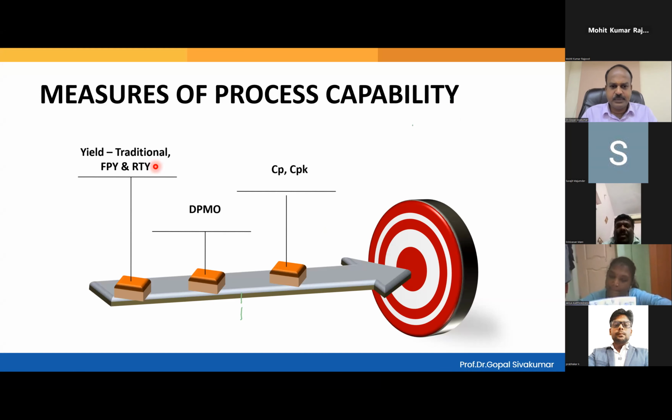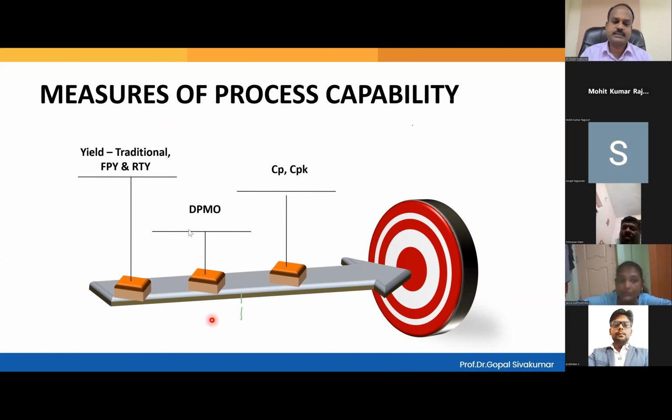So the measures of baseline performance: traditional yield, first pass yield, rolled throughput yield, DPMO, defects per million opportunity, CP and CPK, which are known as process capability indices. So we'll see the first two.